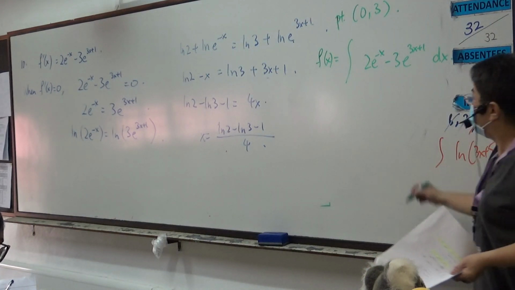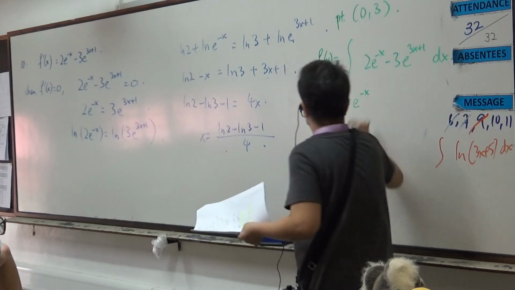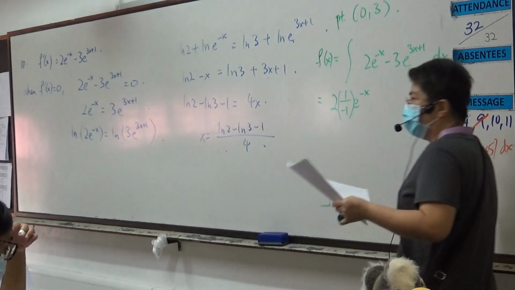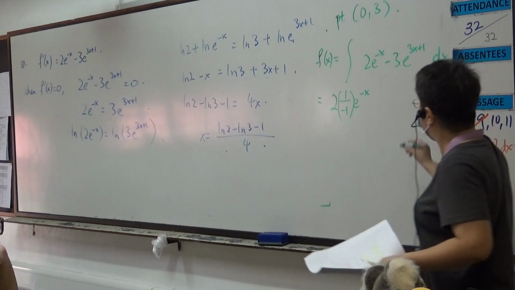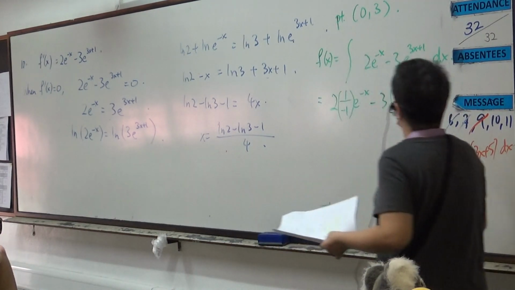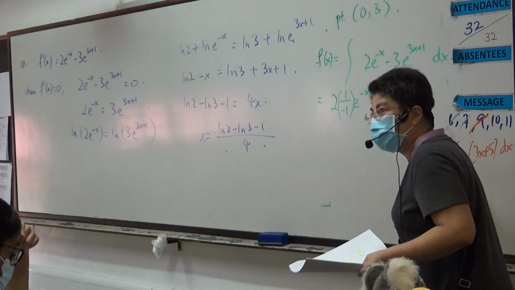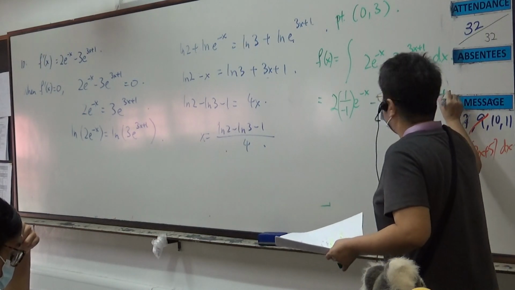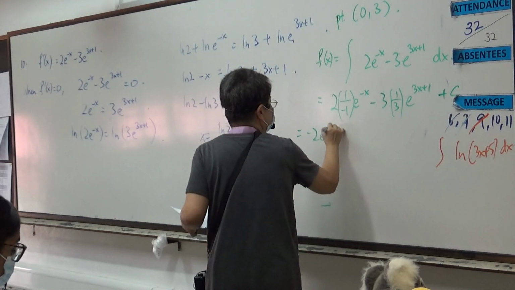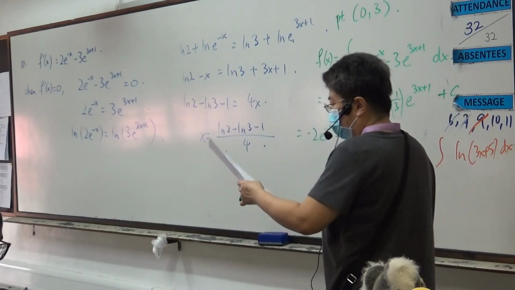Yes or no? Now I integrate separately. Okay, all of you look up. How do I integrate? I put 2 first, then e to the minus x, right? Then it's actually 1 over negative 1. I always put like that. Remember I told you put the bracket. Then minus 3 e to the 3x plus 1. Then what do I put here? 1 over 3, right? Correct? Then I must not forget plus what? Plus C. So this will become negative 2e to the minus x minus e to the 3x plus 1 plus c.